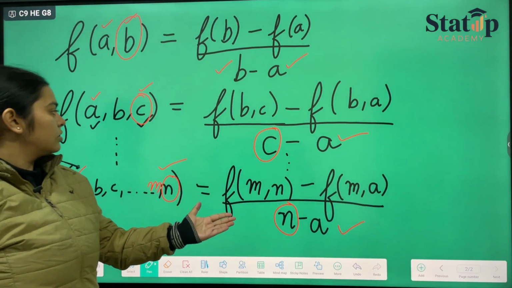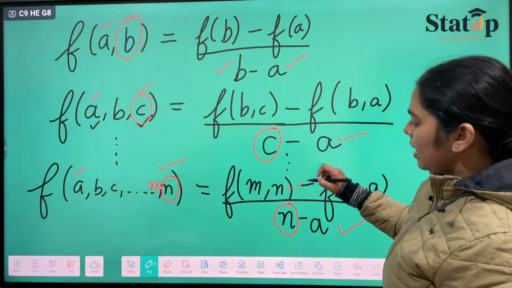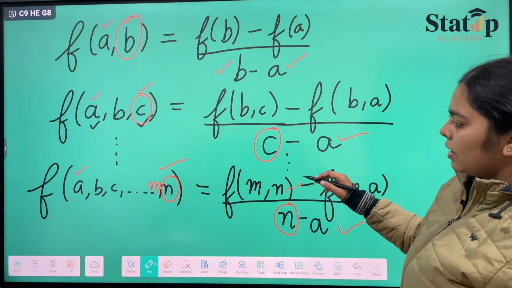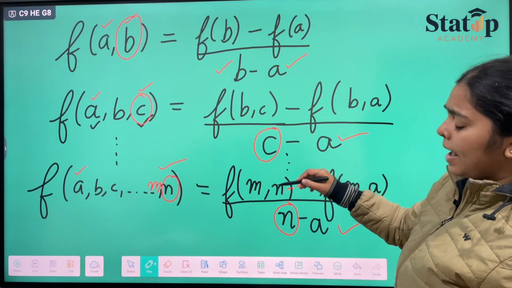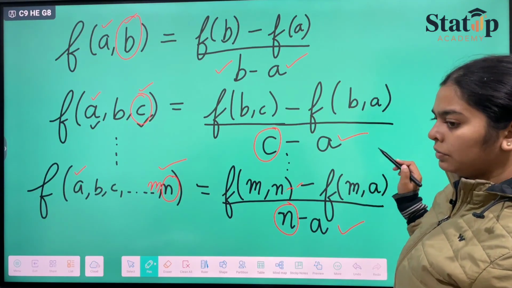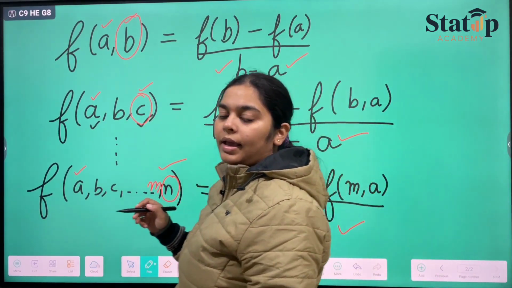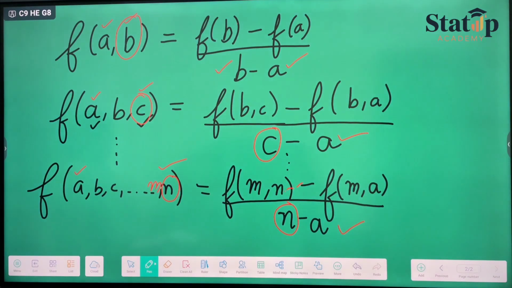And in this also you can keep it moving like m, n, and so on: l, m, n, o. And here it will also be like that, a, b, c, d up till m.